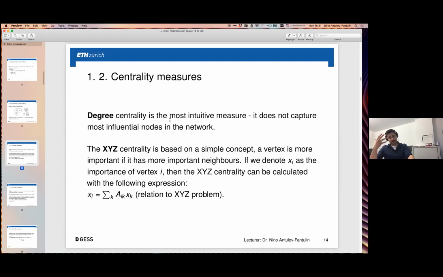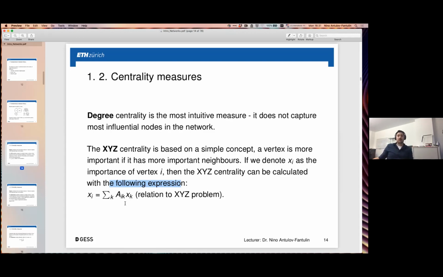So you are recognizing some kind of a recursive definition. If we denote xi as the importance of node i, then this centrality that we still have not named can be calculated with the following expression: xi is the sum over k of the adjacency matrix A_ik times xk. Here this matrix A tells us to which nodes in our first neighborhood we are connected.